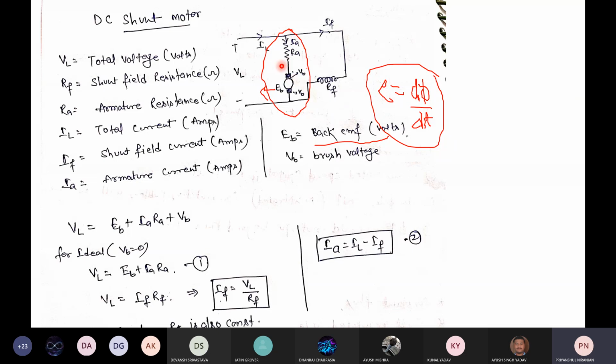This one is the field winding, which produces the flux, a constant part, because the field winding is placed on the stator, and the moving part is placed on the rotor. The moving part is the armature winding. Clear? Clear or not?